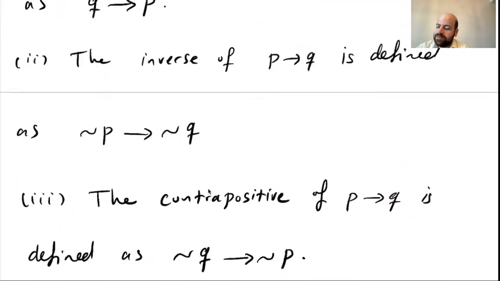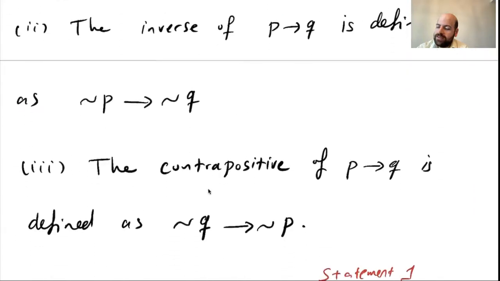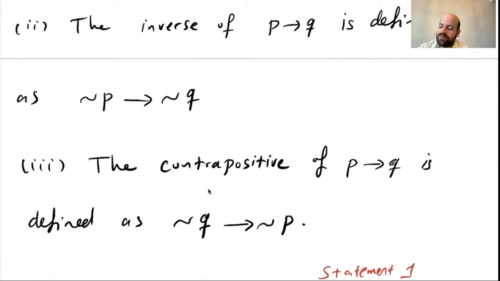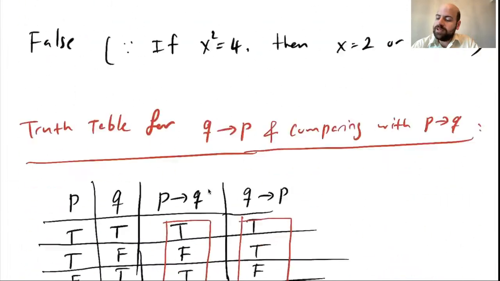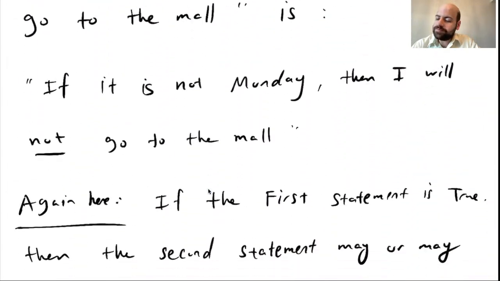Contrapositive of P implies Q is defined as negation Q implies negation P. So you have to negate both of them and also swap the assumption with the conclusion. Contrapositive of P implies Q is negation Q implies negation P.